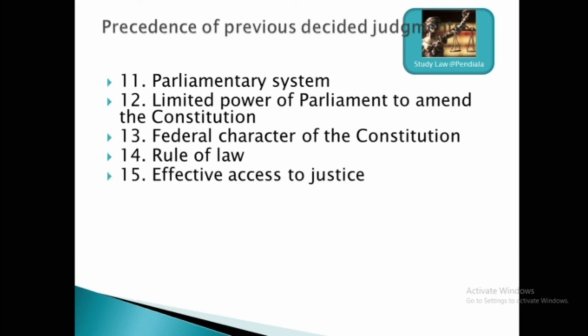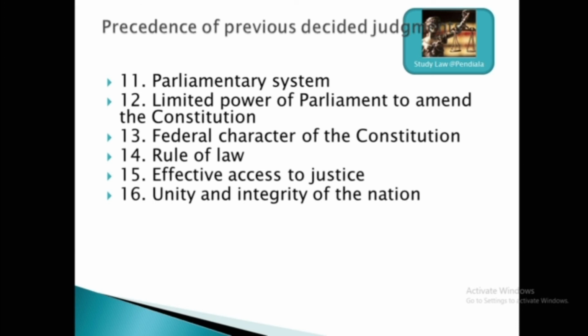And effective access to justice. The Constitution provides that each person has access to justice, whether poor, below poverty line, or irrespective of any differences, religion, caste, place, or any other characteristics. Each person of the country should have access to justice. So any amendment to the Constitution should not have an impact on this parameter.